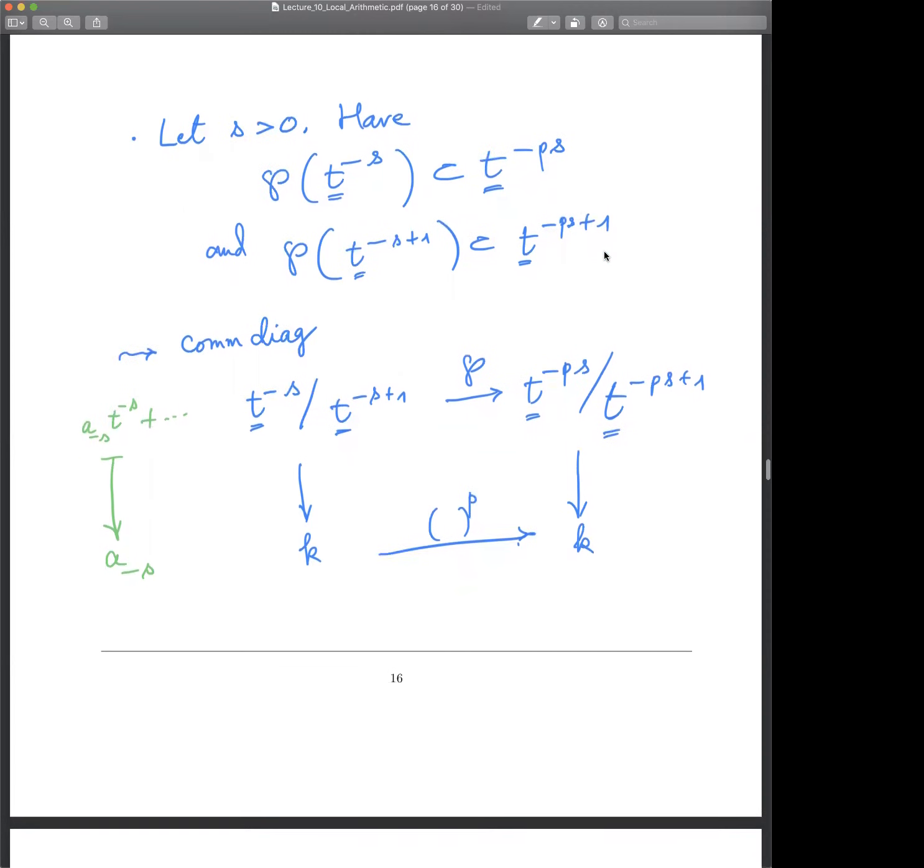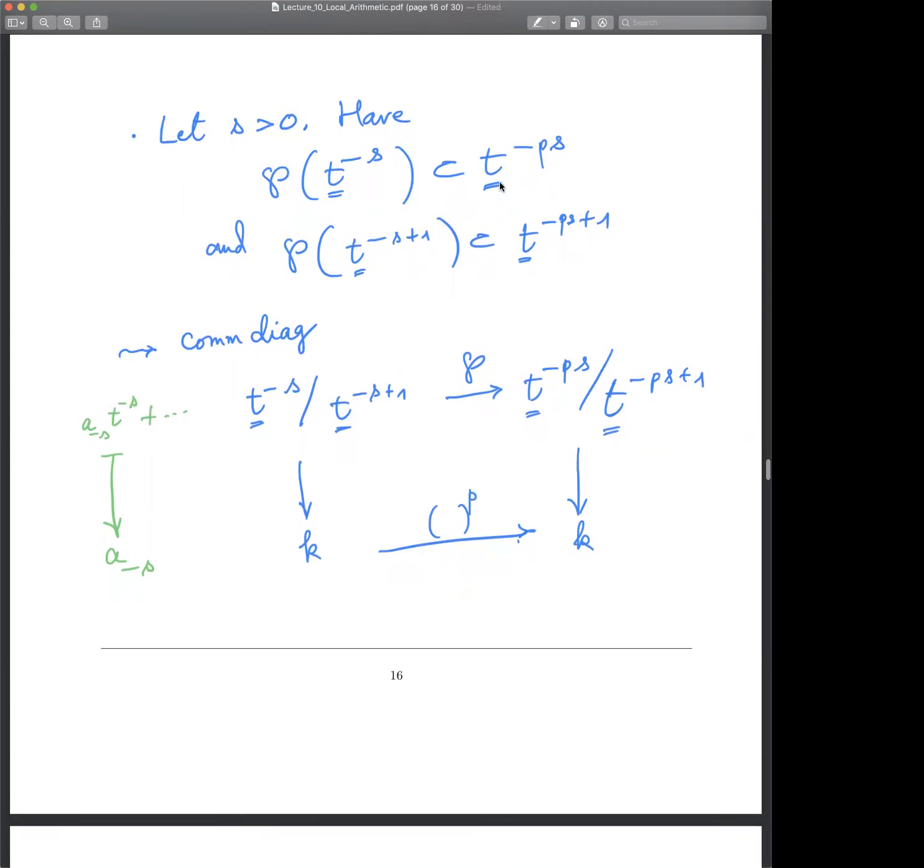Again, this is just another way of saying that the valuation is multiplicative, and the valuation of a sum is always at least the smaller of the two, and actually equal to the smaller of the two if the two valuations are different.